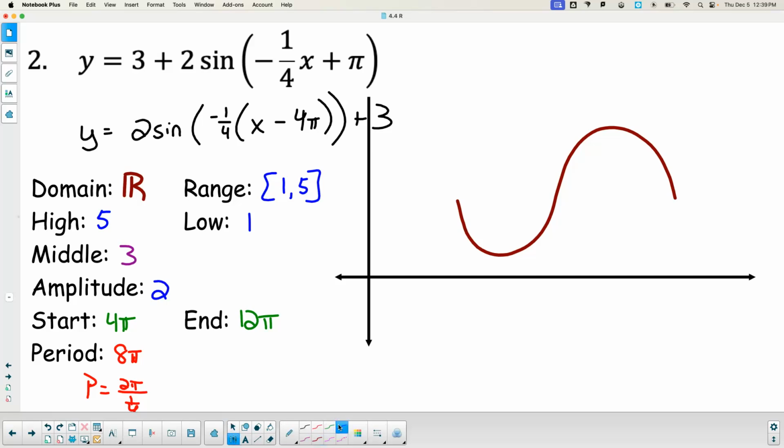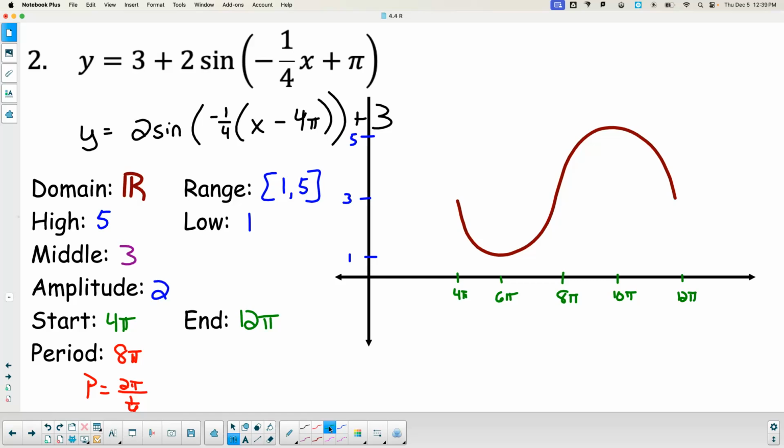What's the c value? This is the first two guys. 1, 3, 5. 4 pi, 12 pi, 8 pi, 6 pi, 10 pi.